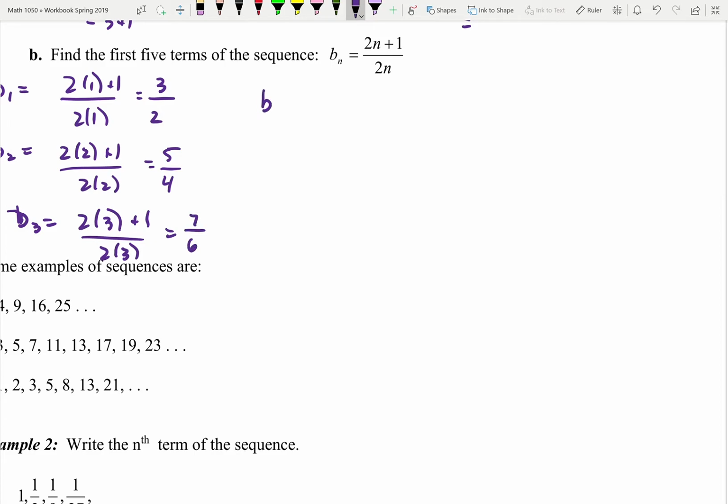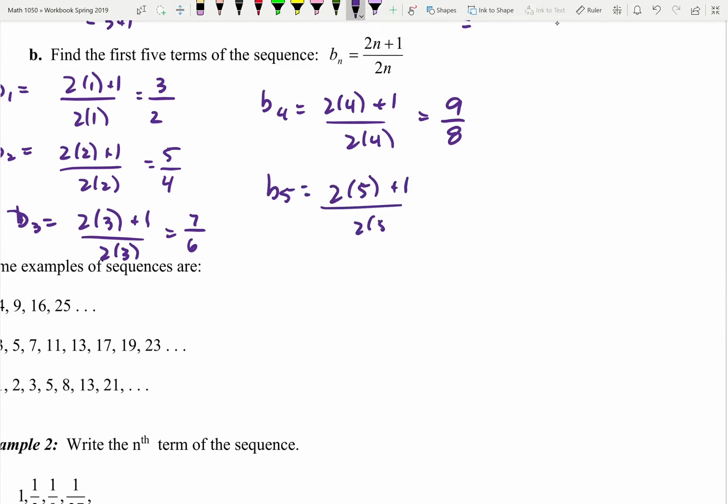That's it. B sub 4. 2 times 4 plus 1 over 2 times 4. That's 9 over 8. B sub 5 is 2 times 5 plus 1 over 2 times 5. That's 11 over 10.